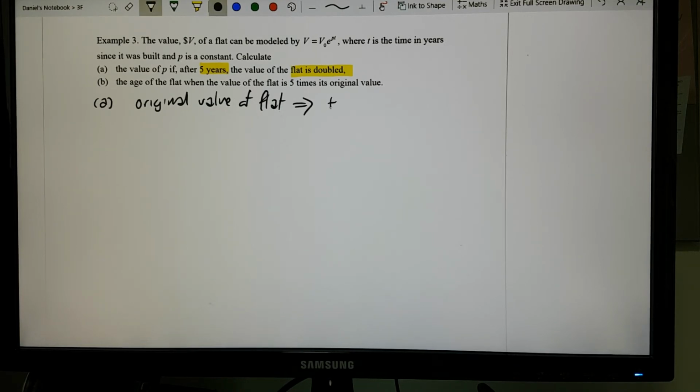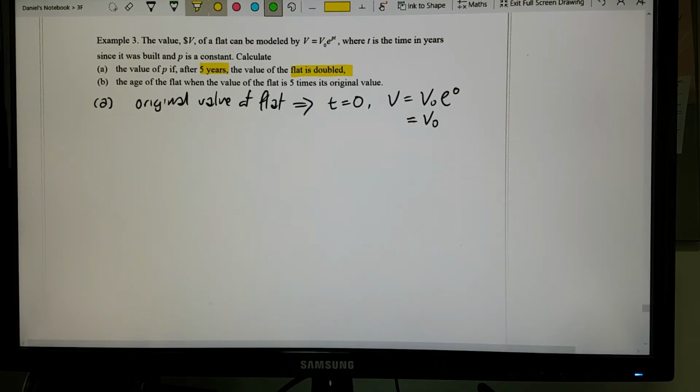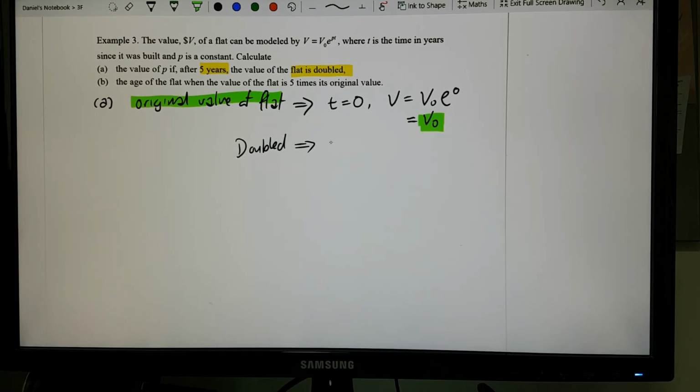But if you don't know, then you just sub in t equals 0. So V will be equal to V0 e to the power of 0. e to the power of 0 is 1, so V will be V0. So the original value of the flat is V0. Get it? Now I want double. When the original value of the flat is doubled, it becomes 2V0.